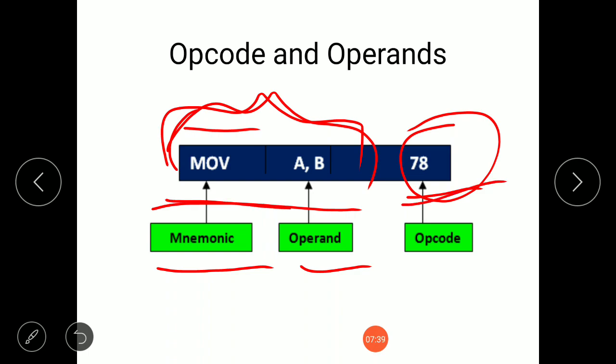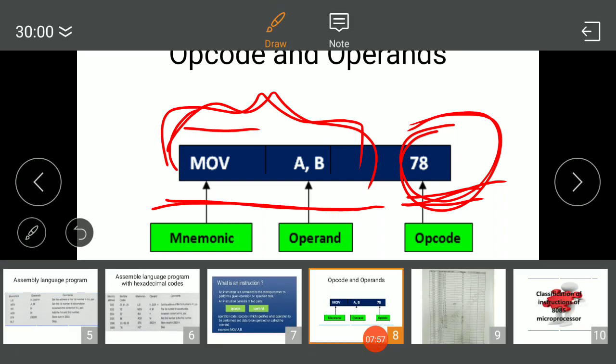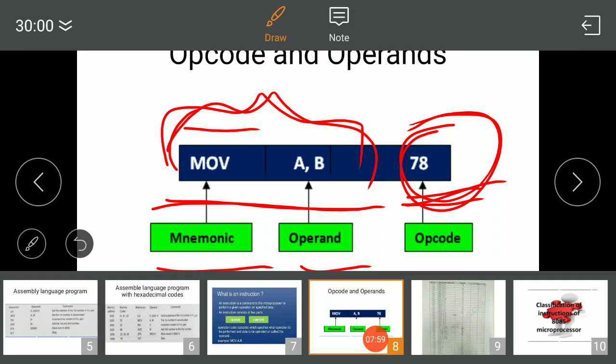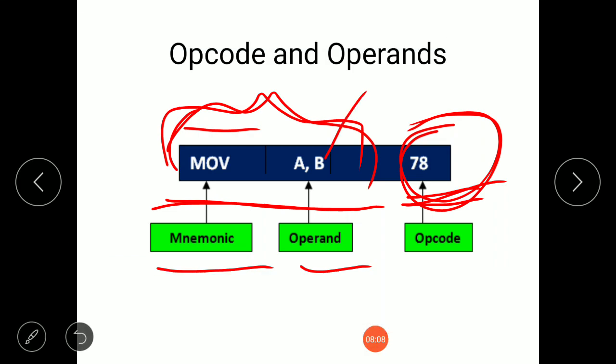For the instruction MOV A, B, we will just write the opcode 78. 78 is written in hexadecimal form. After converting 78 into binary form and decoding it, the microprocessor gets to know that it has to move the content of register B to register A.